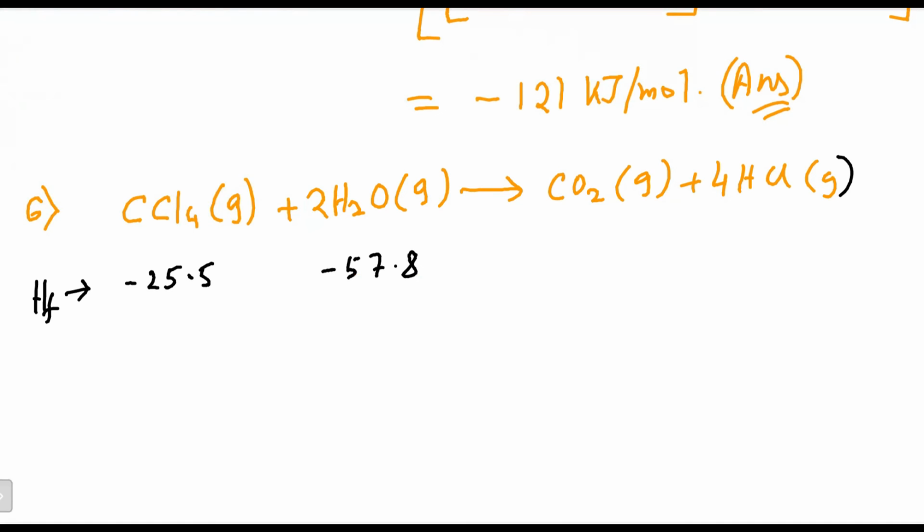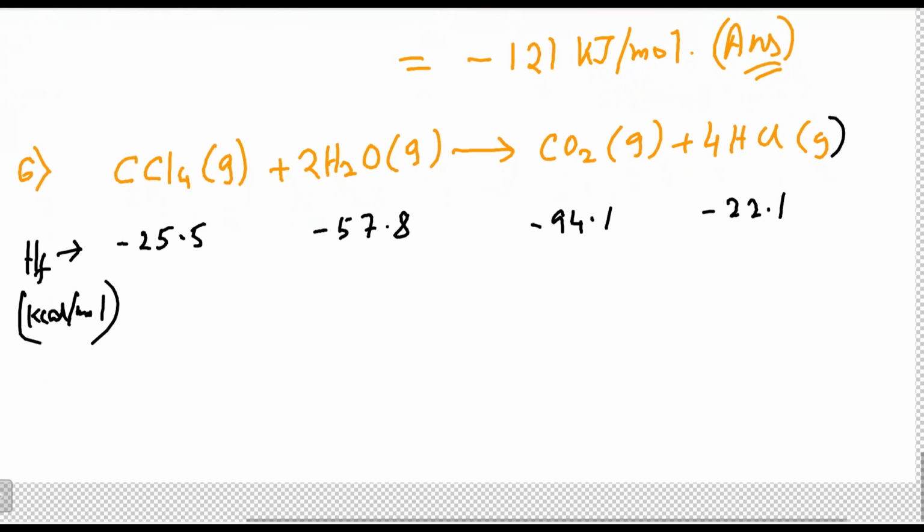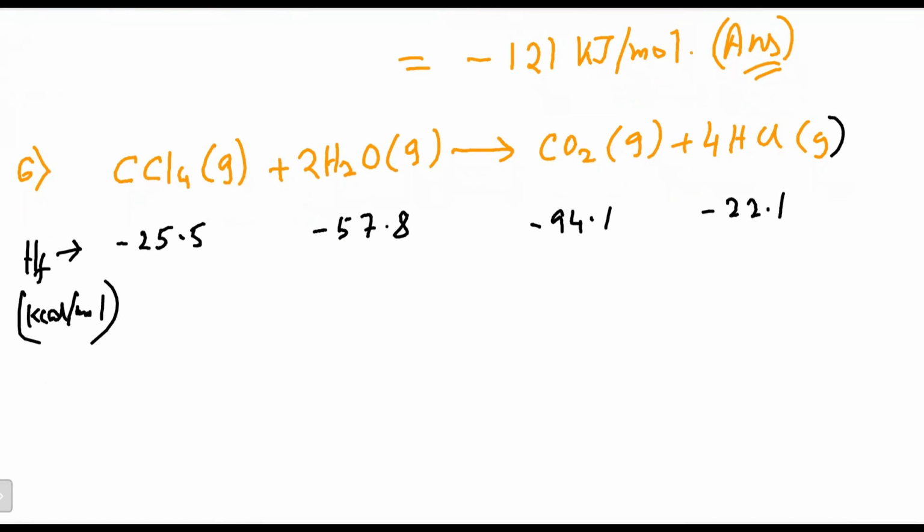For CO2 it is minus 94.1, and lastly for HCl it is minus 22.1. All are in kilocalorie per mole.